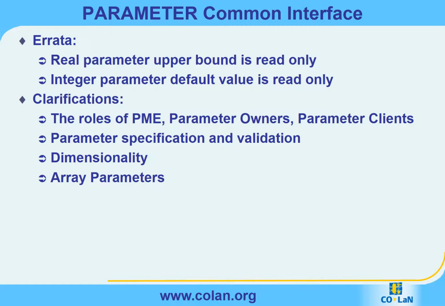Dimensionality. We did clarify dimensionality. I think we added the flag that allowed for absolute versus relative values. And was that the only change? I think that was the only change there. And we did put together an array parameter specification and actually formalized something for that. It's a variant within COM.